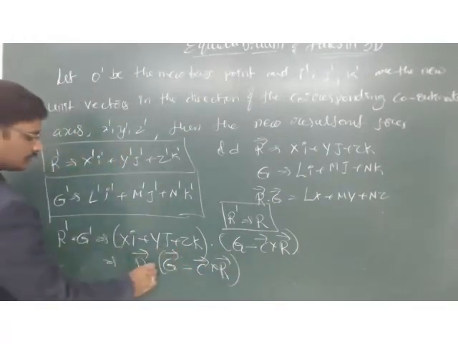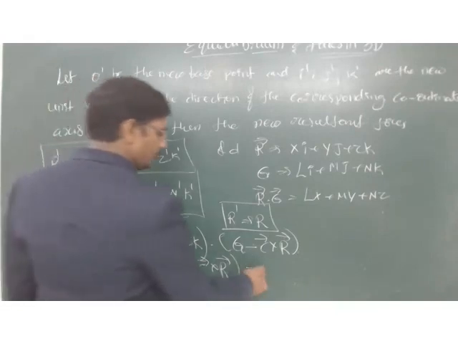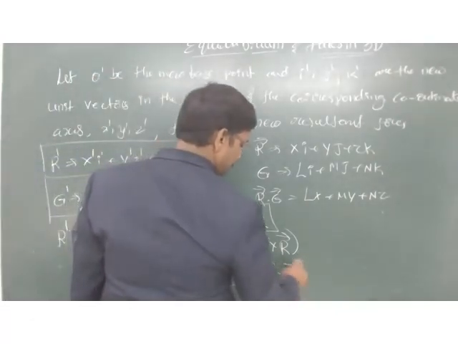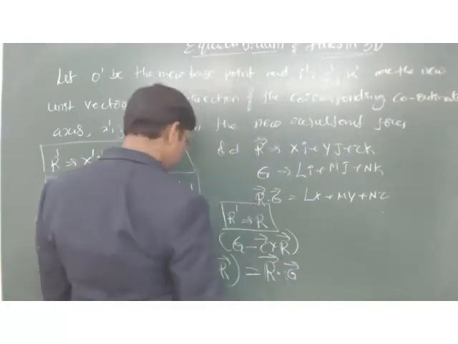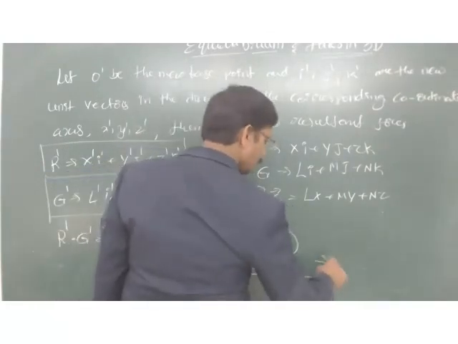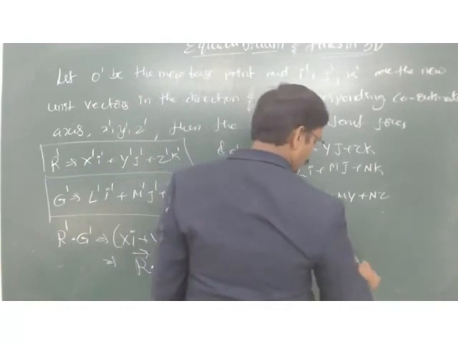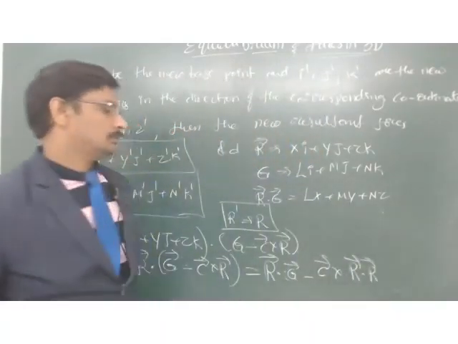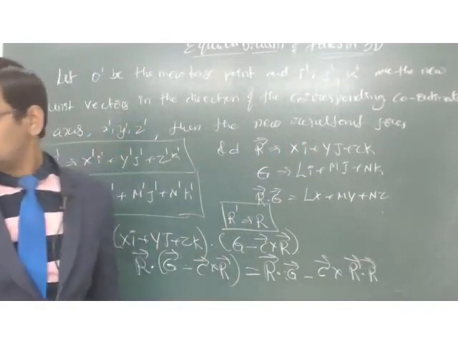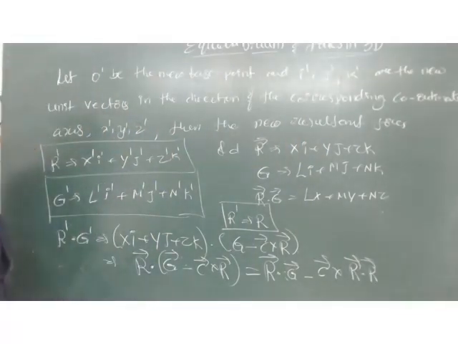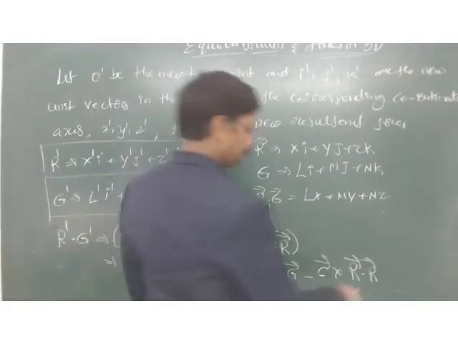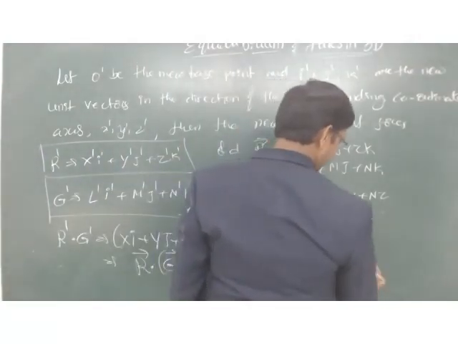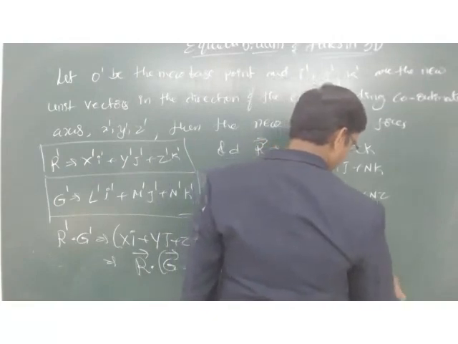If you do this dot product, this is equal to R dot G minus R dot (C cross R).